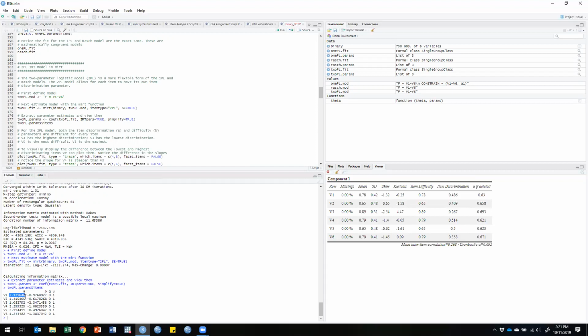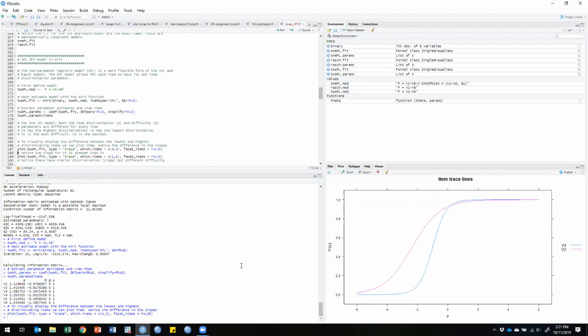What discrimination is going to do is look a little bit different when we plot them, because the slope of the lines are different. So here now I've plotted our 2-parameter logistic fit. These are the ICCs, the item characteristic curves, for items 3 and 4. So 3 was the least discriminating, 4 was the most discriminating.